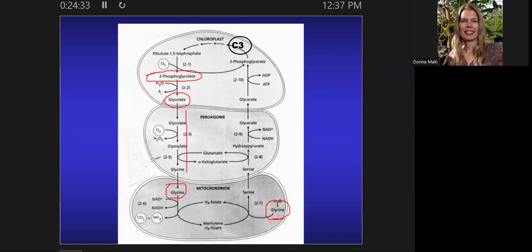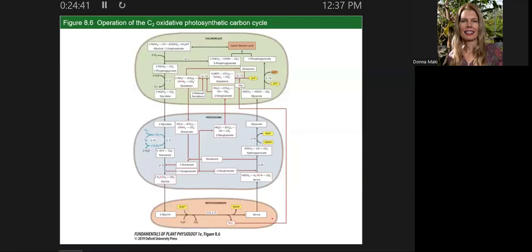You have to get two glycines coming in to the mitochondria in order to do the next series of reactions. I think this more complicated diagram is showing two of everything, two glycines coming in. Okay, so it's the same idea. The artist depicts it a little differently, that's all.